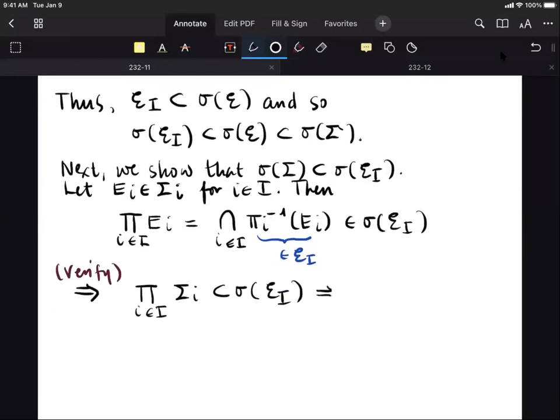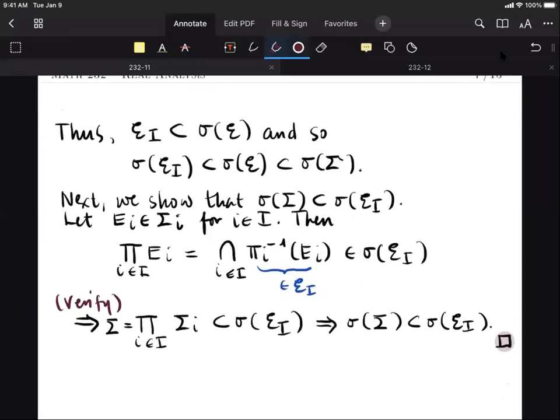And you can see that the sigma algebra generated by sigma must be a subset of the sigma algebra generated by E_I. So once you have verified this, it follows immediately that we have this inclusion, that will establish the equality of these three here.